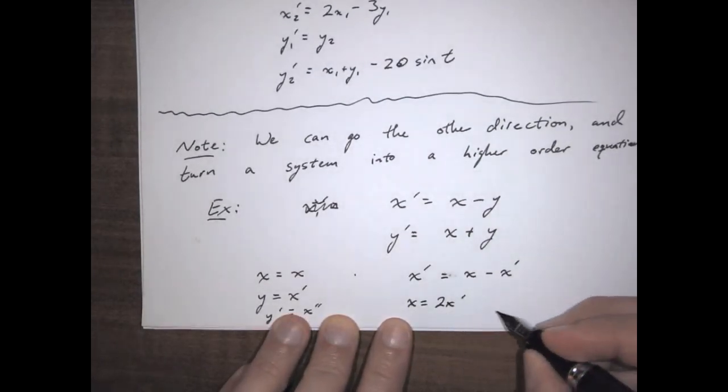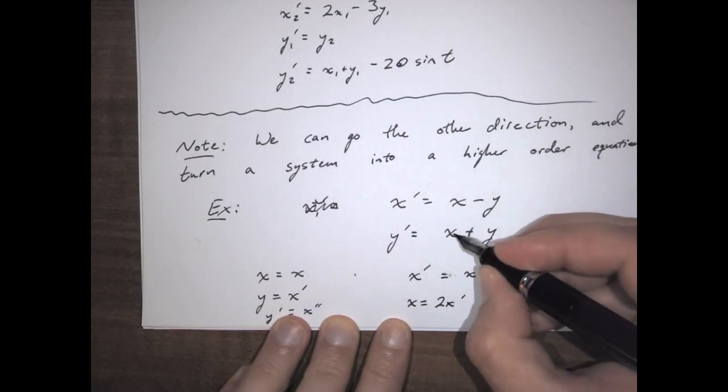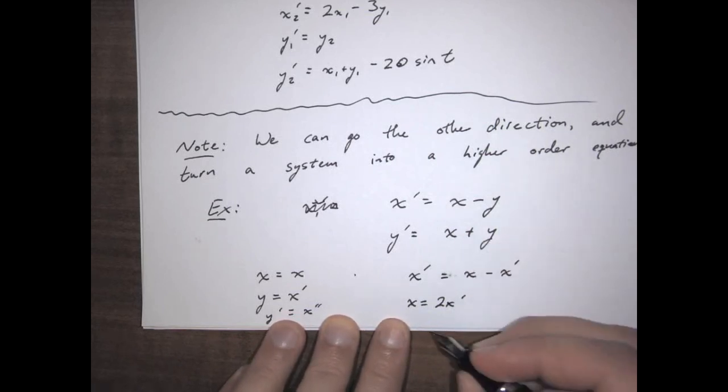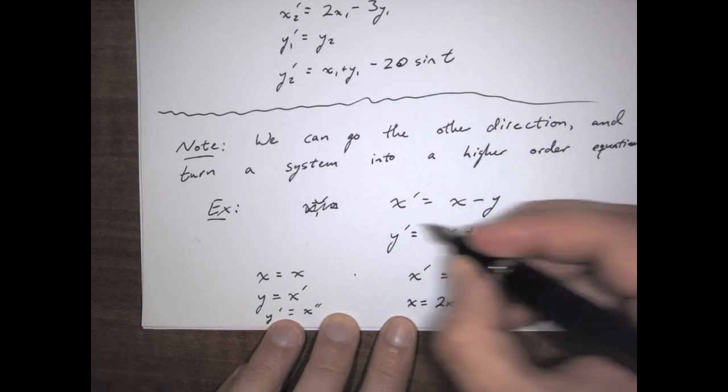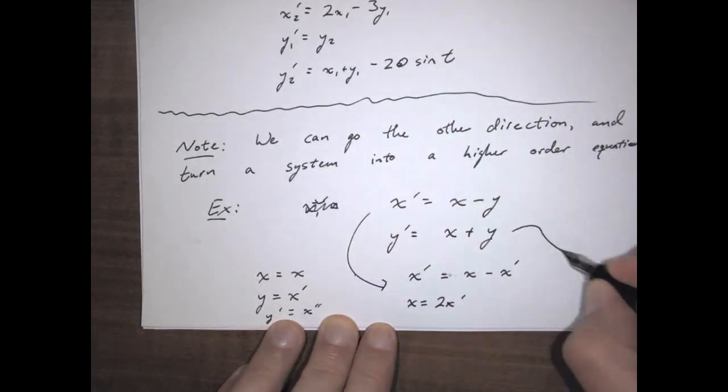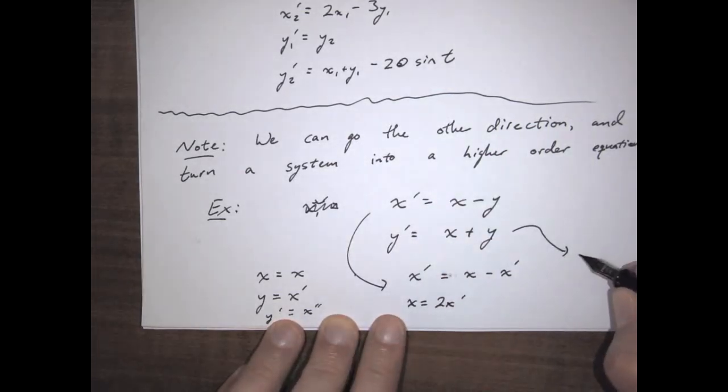And then that I can in turn put into here. Over here, I can rewrite this as x double prime equals x plus x prime.